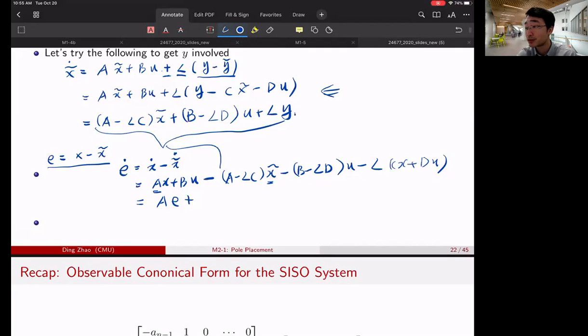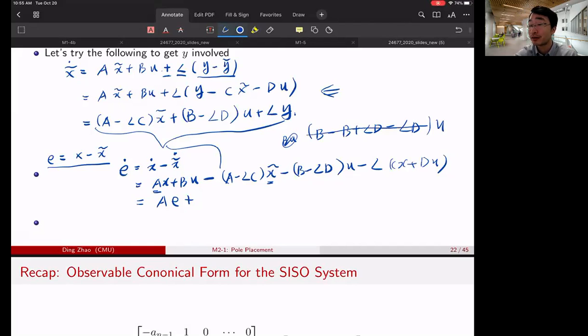So Bu and this minus Bu cancel out. B minus B plus LD minus LD, right? That's everything about u, so this fully cancels out.